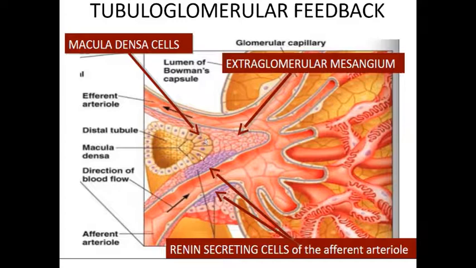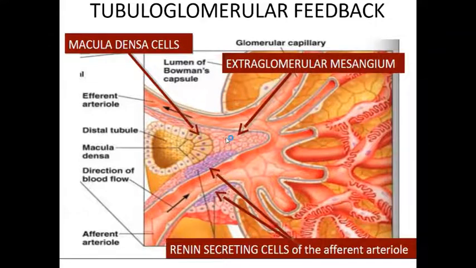The modified epithelium cells form the macula densa. So macula densa cells are modified epithelium cells. Then adjacent to these macula densa cells, you have the structures of the glomerulus. That's why it's called the tubuloglomerular feedback mechanism. It can communicate with the cells of the glomerulus.